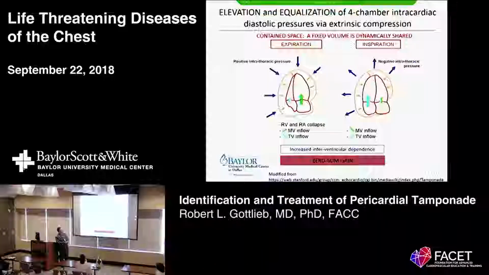However, in this case, because of this, that's how it collapses. Or you can have diastolic collapse of the RV free wall. You have these reciprocal changes.